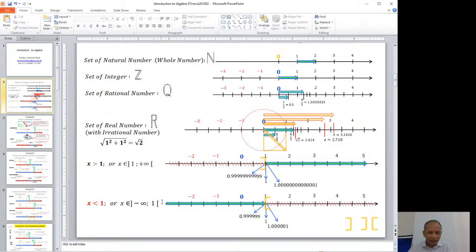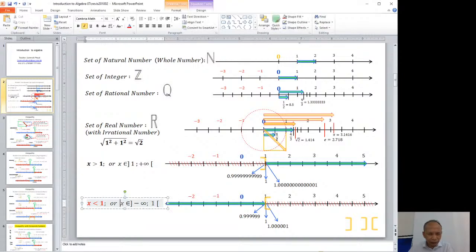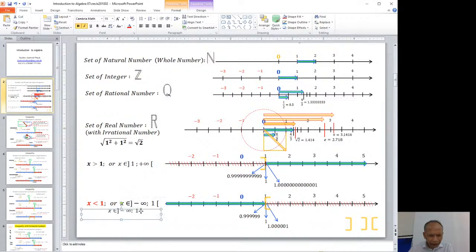It doesn't mean we have to write like this.